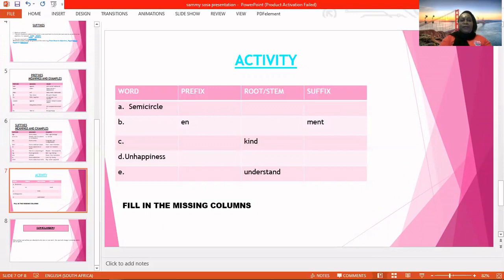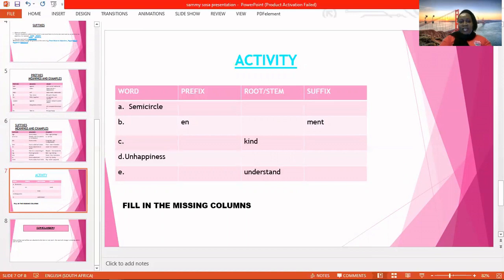Then B, we have en and ment as prefix and suffix. I think now we need to find the root word. We can guess, or we can come up with quite a number of examples. But if we put joy as a root word there, I think it will be enjoyment.